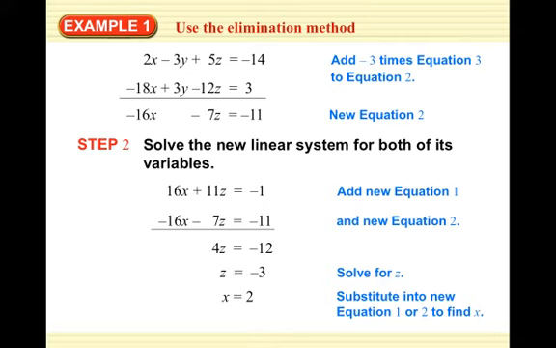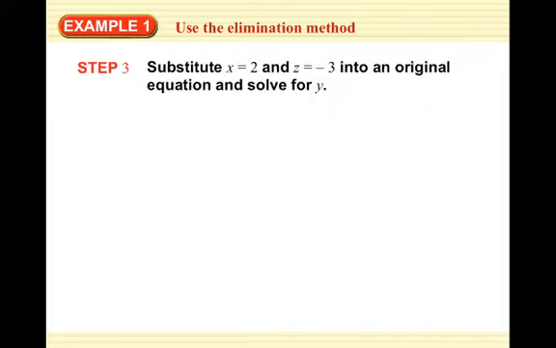All right, so now we know we have a value for x and we have a value for z. We can take those and plug them into any of the equations that we started with and find the value for y. So let's do that in equation 3. So we're going to substitute x equals 2 and z equals -3 into an original equation and solve for y. It doesn't matter which one.